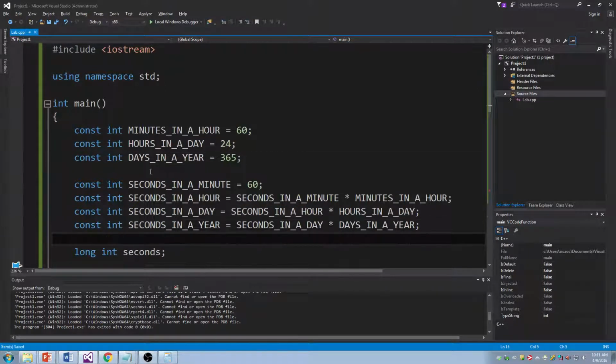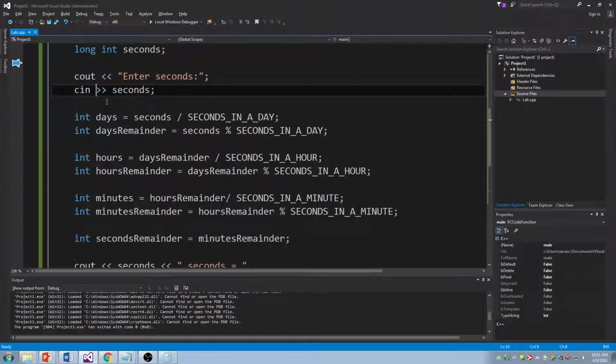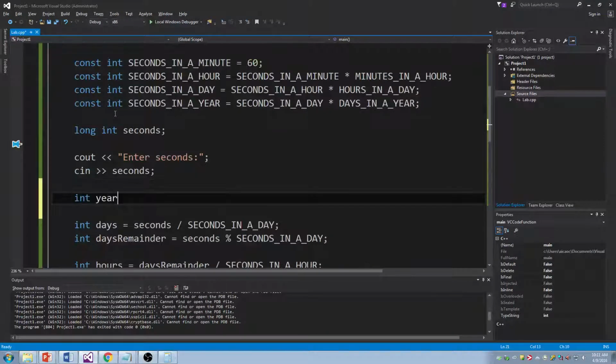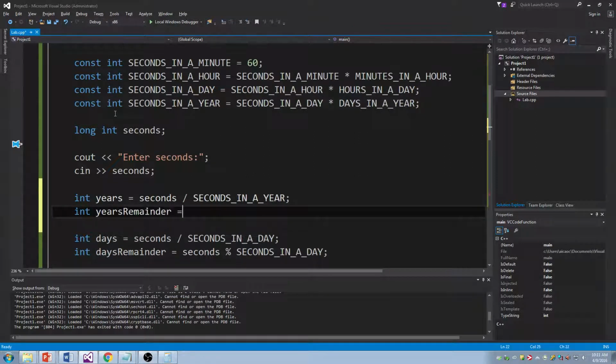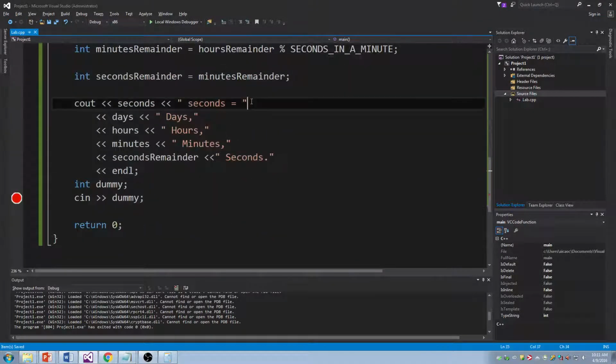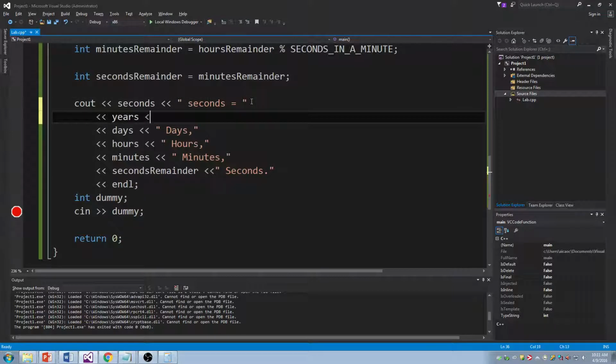This is me doing extra stuff right now. You could do the same exact thing. And here, and here. And now I can print this out here. Like so.